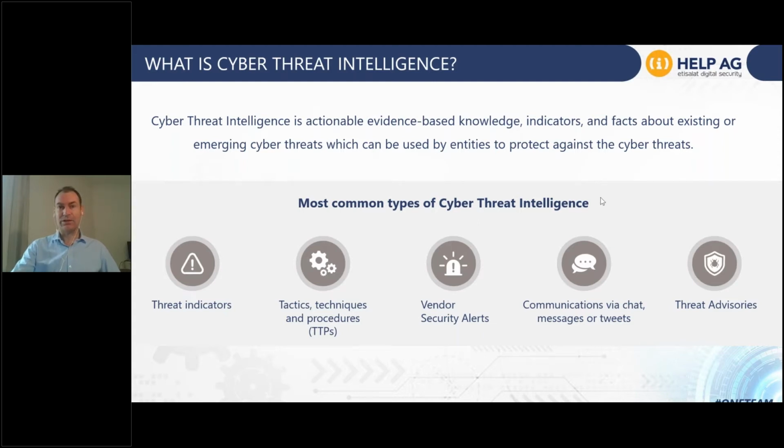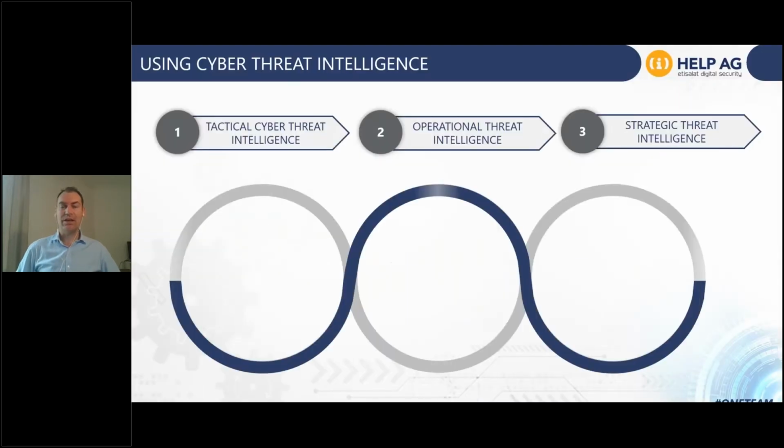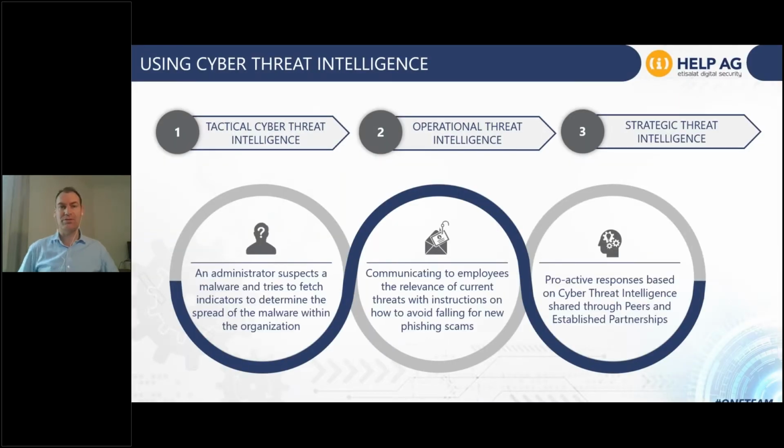So what I'd like to do now is show you some contexts where threat intelligence could be used. There's 3 contexts that you see here on the presentation. The first is tactical, the second is operational, and the third is strategic. Tactical intelligence simply refers to intelligence that is typically obtained and used in an immediate context, near-term actions for immediate effect.